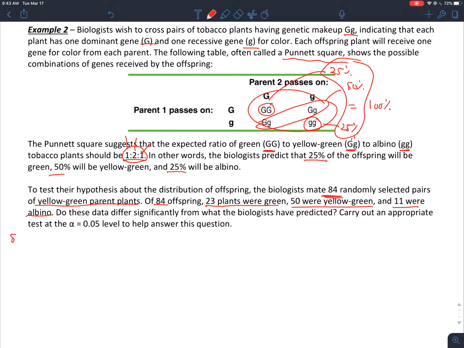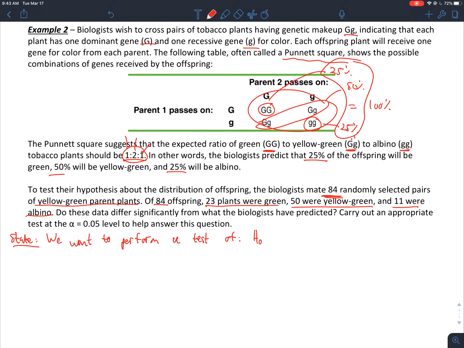All right, so let's do it. So we state, we want to perform a test of, and I think I'm going to go the other way around of doing this.